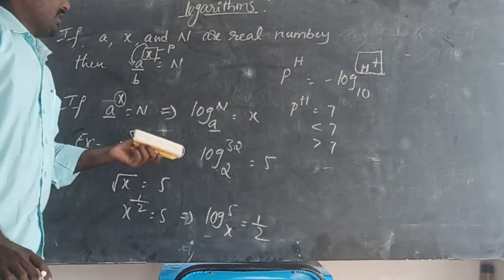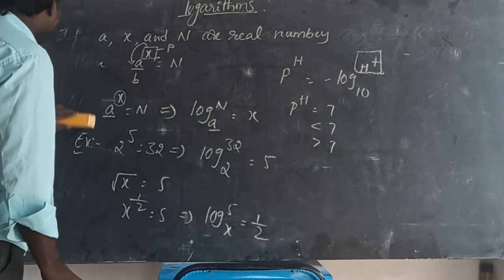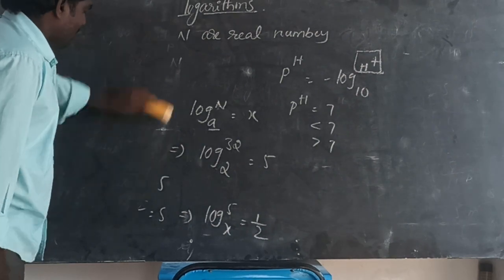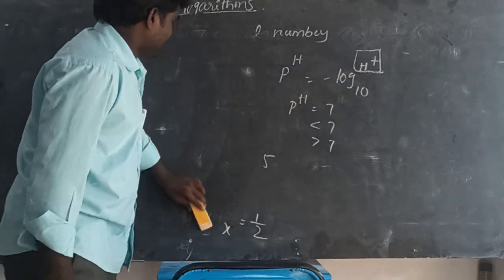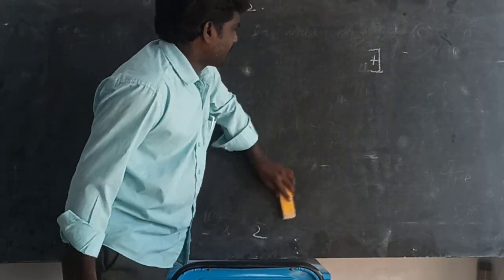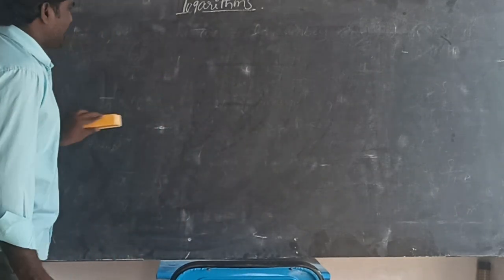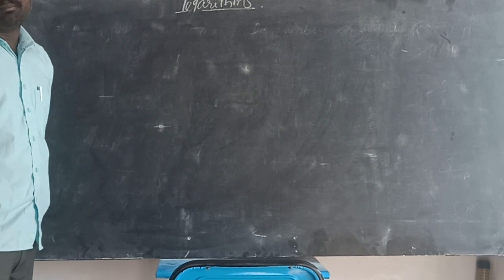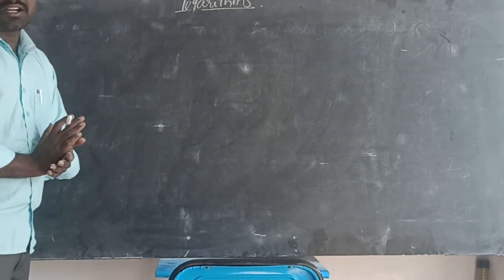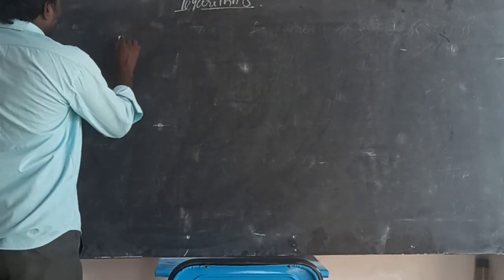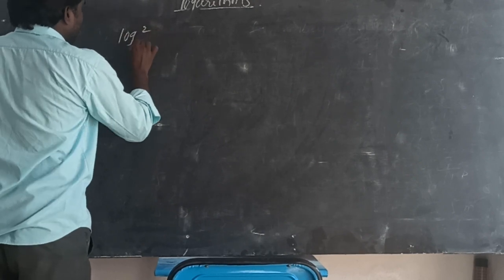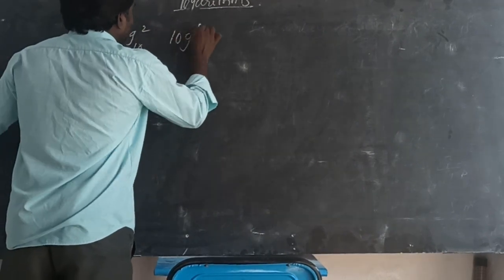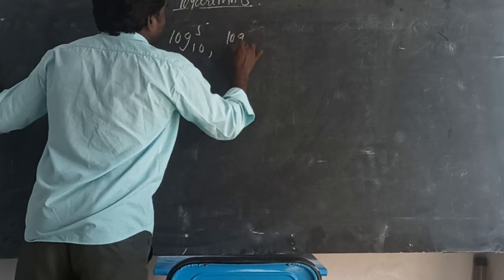Logarithms are divided into two types: common logarithms and natural logarithms. Common logarithm means the logarithm having base 10. So log 2 base 10, log 5 base 10, log 7 base 10.